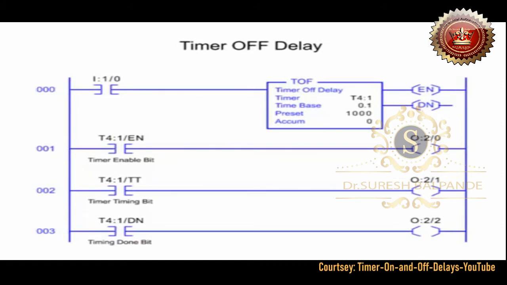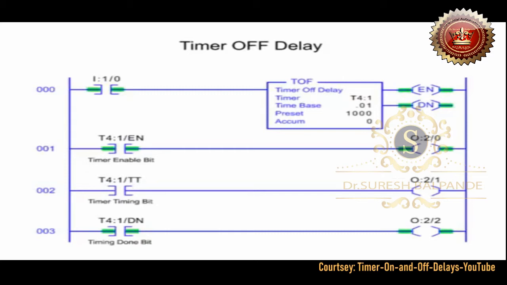Similar to the timer on delay, the timer off delay timer uses the same control bits, time base, and preset functions. The timer off delay sets the enable and done bits when input conditions are true.